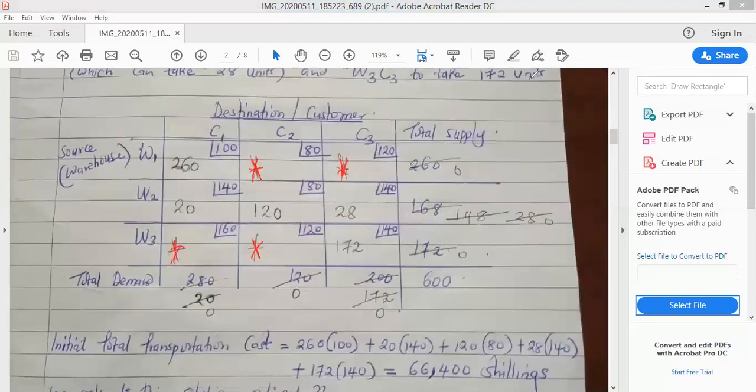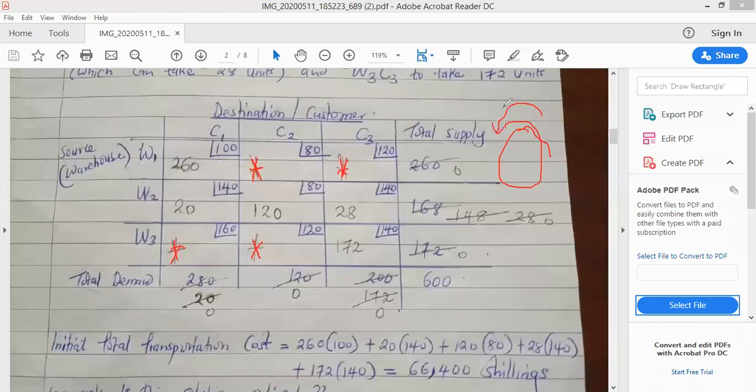So how do we evaluate their shadow prices? Let me start with the stepping stone method. We are going to start with the W1C2 cell, this cell here which is empty, and I'll be going round anti-clockwise. I don't know, when you draw a clock, this movement is clockwise, so I'll be following this other direction.